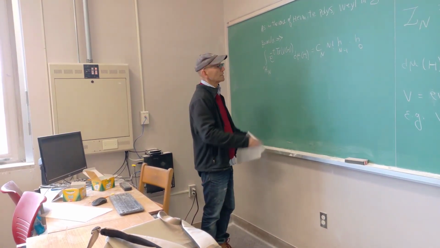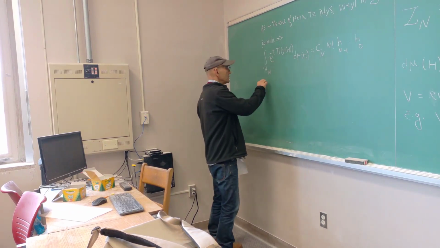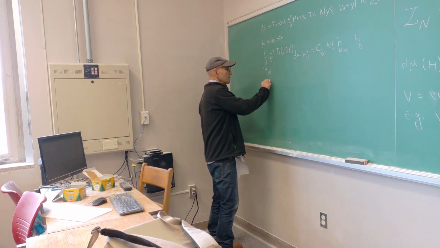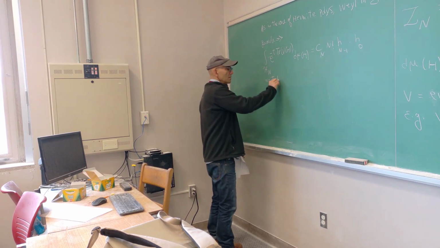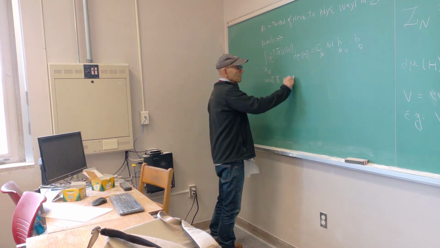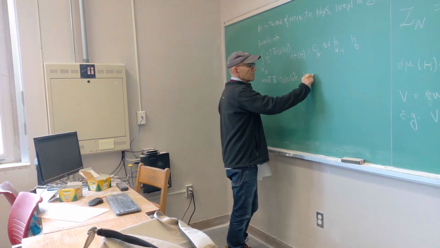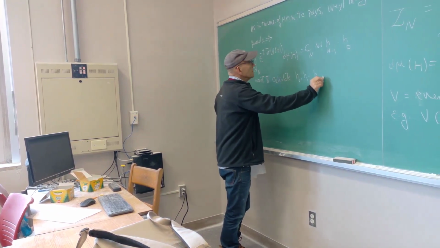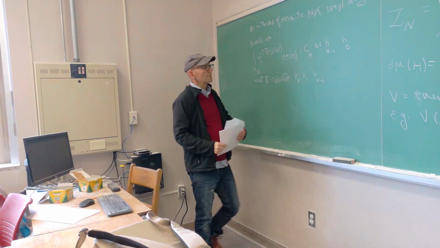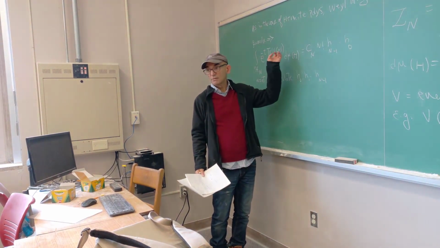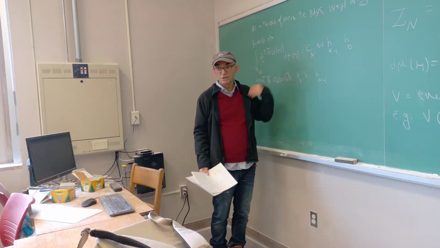So now the goal is that we want to calculate these quantities h_0, h_1, up to h_{n-1}, because if we can calculate these things, then we can calculate the integral and then take the large n limit.